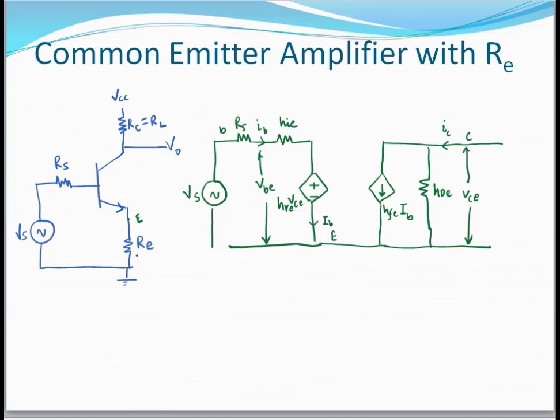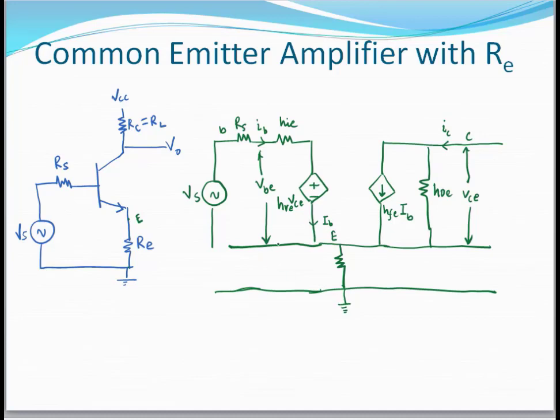So first of all, we will draw this emitter resistance from point E. From point E, we will draw one emitter resistance. So I am drawing it, the emitter resistance, and thereafter this terminal is the ground terminal.